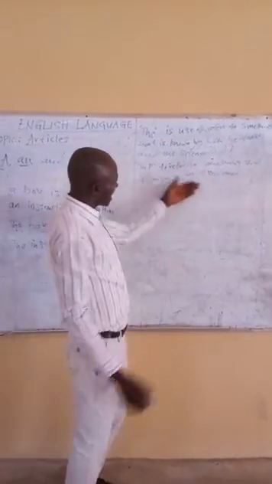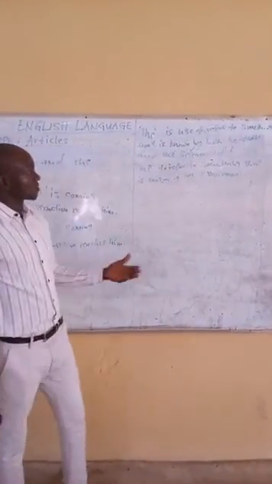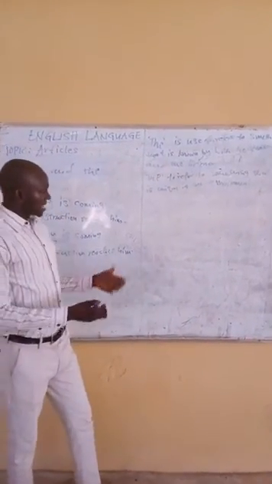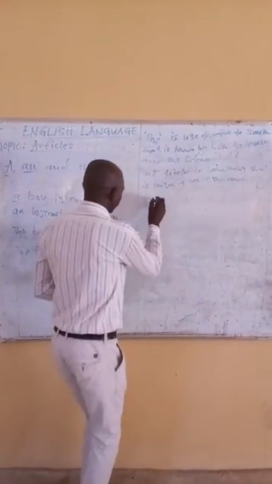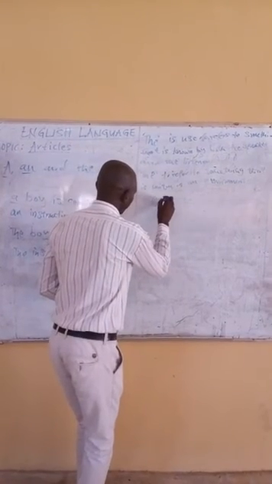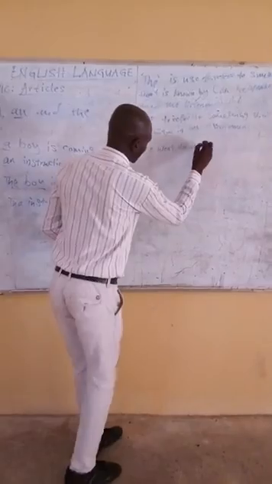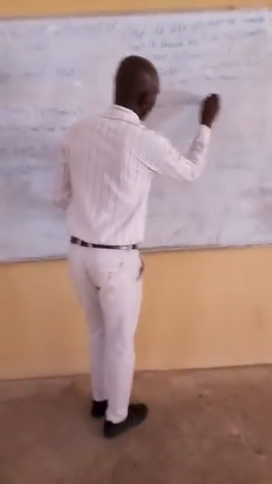We use the as a definite article as well to refer to something that is unique to an environment. For example, I can say he went to the police station.